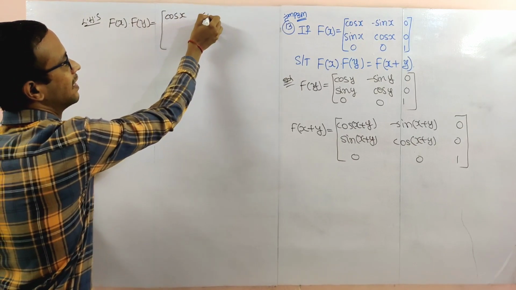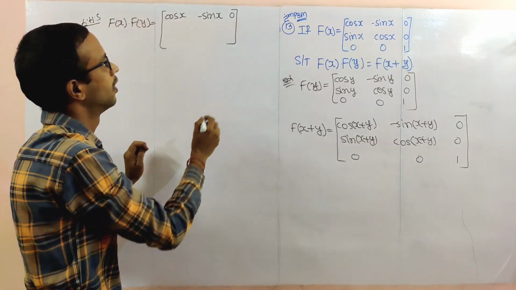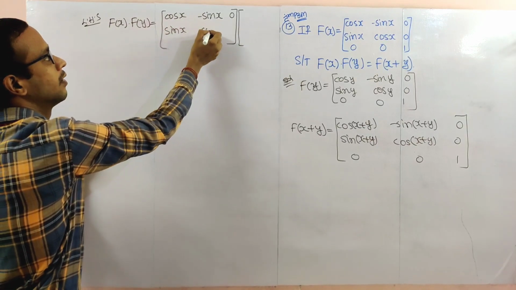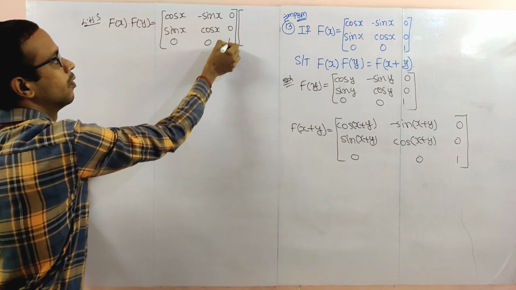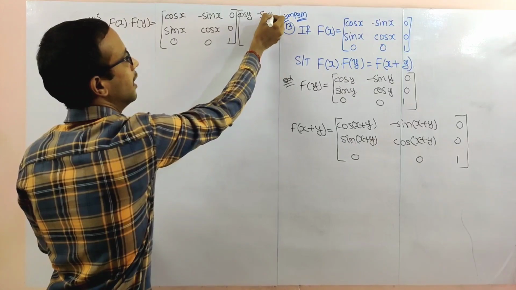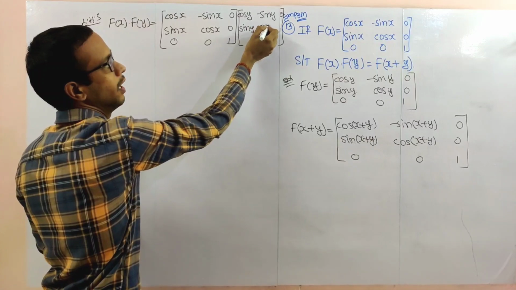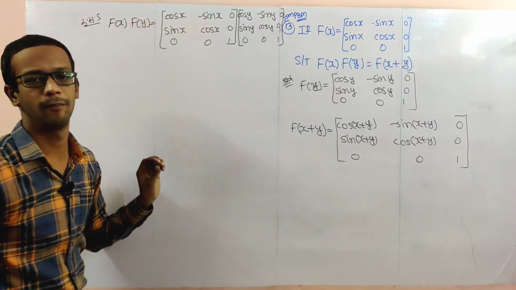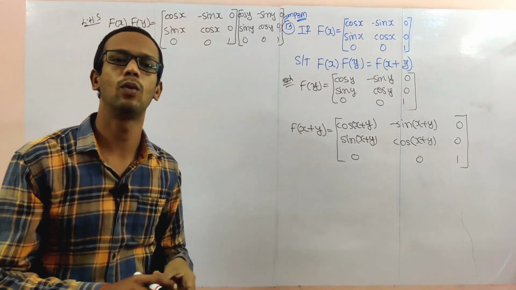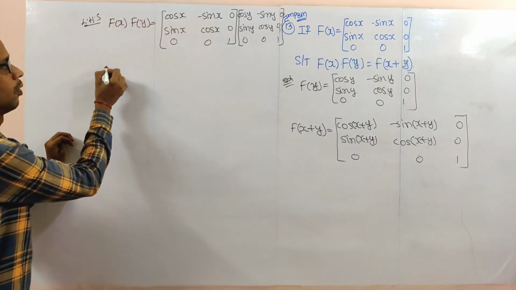Cos x, minus sin x, 0; sin x, cos x, 0; 0, 0, 1. Similarly here cos y, minus sin y, 0; sin y, cos y, 0; 0, 0, 1. So just substitution did. Multiplication, how will we do it? Row by column. Two matrices multiplication means we have to multiply row by column.